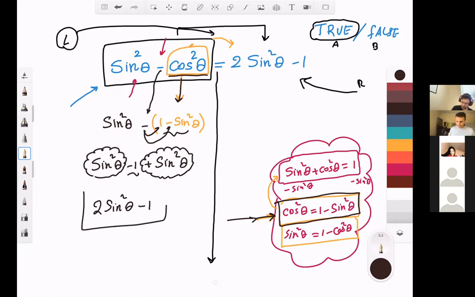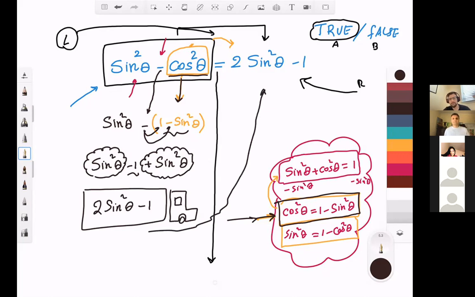So what do we have? We got 2 sine square minus 1, which is exactly the same as that. Good. So we proved it.